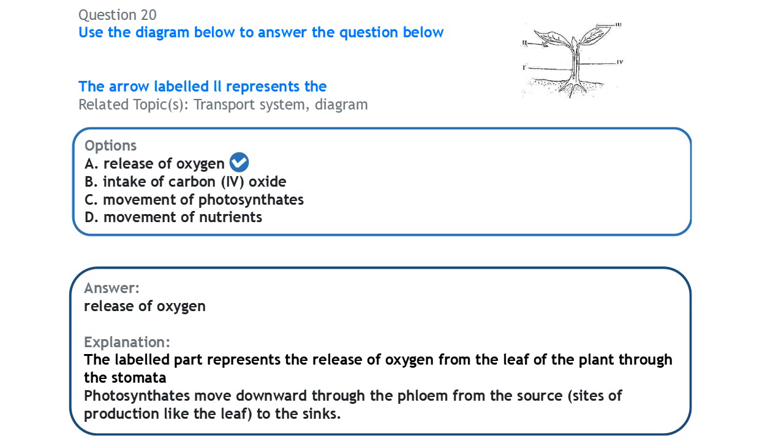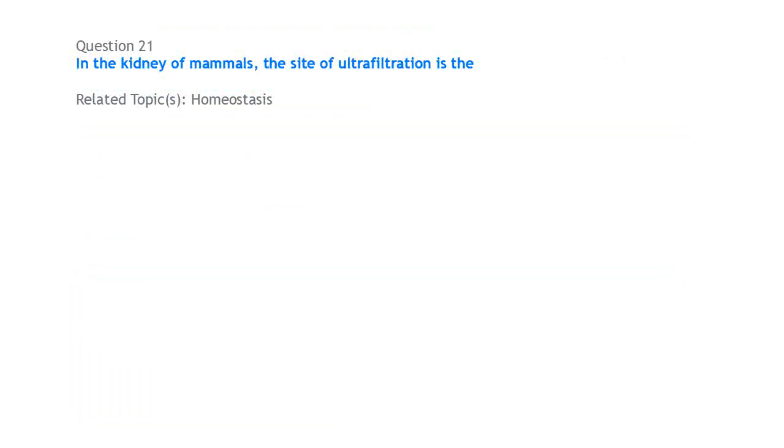So the arrow pointing inward, the III label, will be the intake of carbon dioxide, while this one will be the release of oxygen, or the release of water by transpiration, but we don't have that in the options. So the correct one from the options will be the release of oxygen from the plant through the leaf, through the stomata of the leaf.